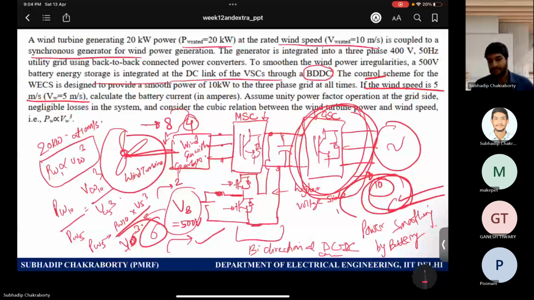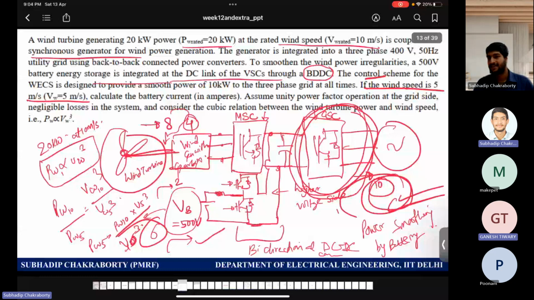Okay, so we can tackle two-three problems of multiples, and then your microgrid, a very interesting problem. And sir, in the final exam, will there be some theoretical questions also or only numerical? Anything can come in the final exam, but it will be conceptual, right? And sir, from assignments, there will be some questions?